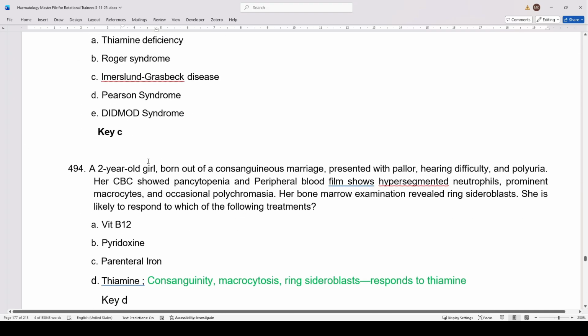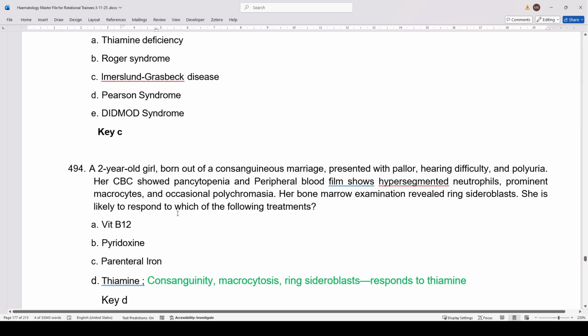Next, a 2-year-old girl born out of a consanguineous marriage presented with pallor, hearing difficulty, and polyuria. CBC showed pancytopenia, and the peripheral blood smear showed hypersegmented neutrophils, prominent macrocytes, and occasional polychromasia. So these are features of megaloblastic anemia, with hearing difficulty and polyuria pointing towards diabetes mellitus. Her bone marrow examination revealed ring sideroblasts.